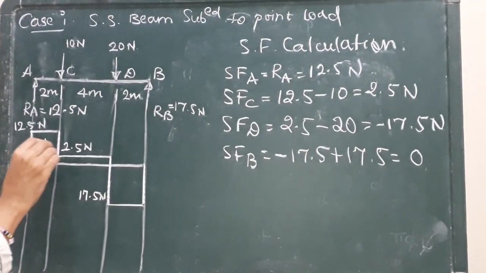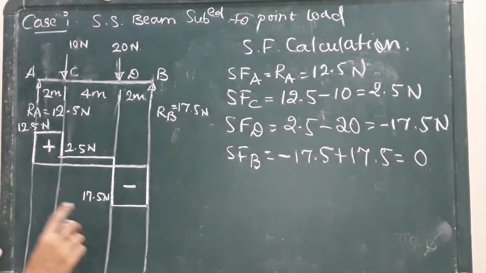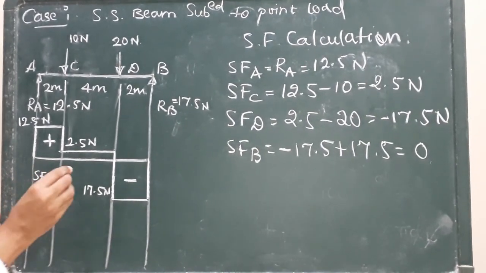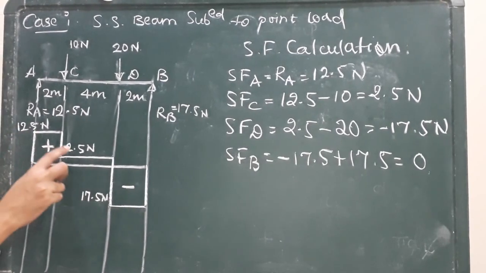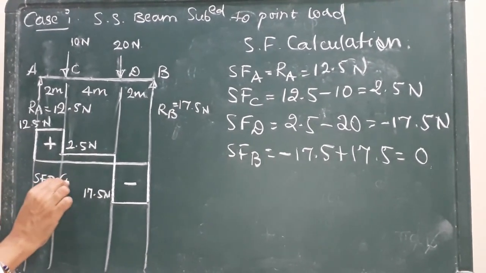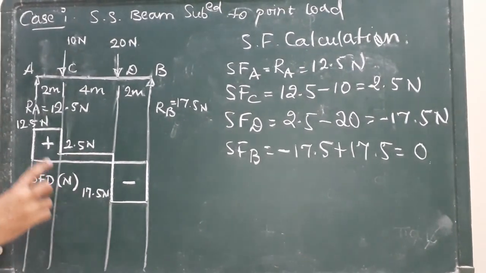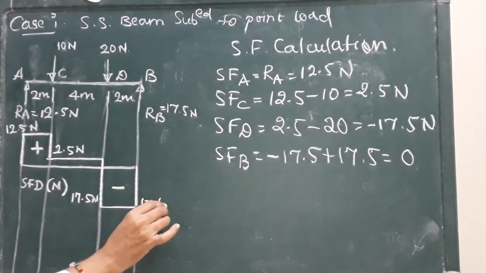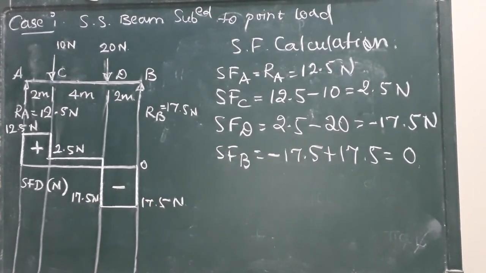These values are positive and these values are negative. So this diagram represents your shear force diagram, SFD. Either you can mention units here, or just mention the values and write SFD in brackets in terms of Newton. If you are writing Newton here, there is no need to mention the units on the values. It is self-understood that units will remain constant throughout the diagram.